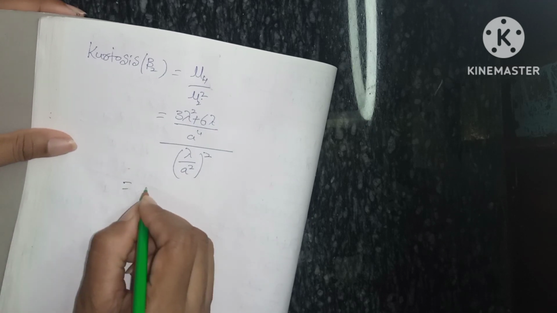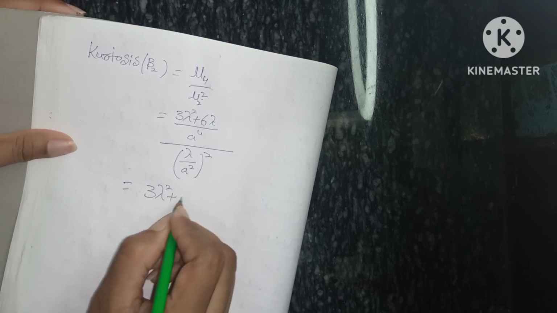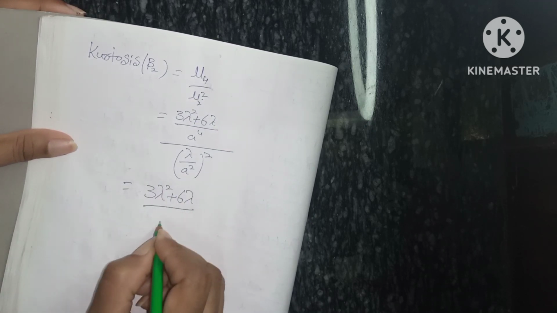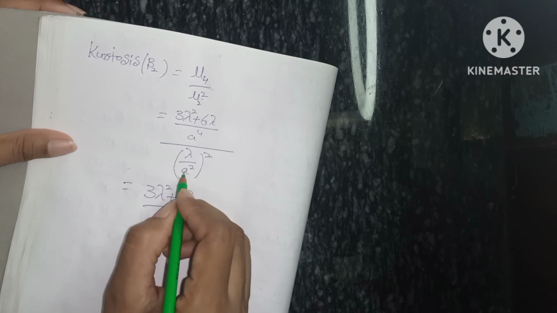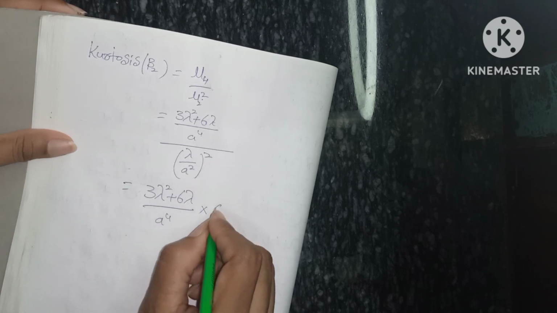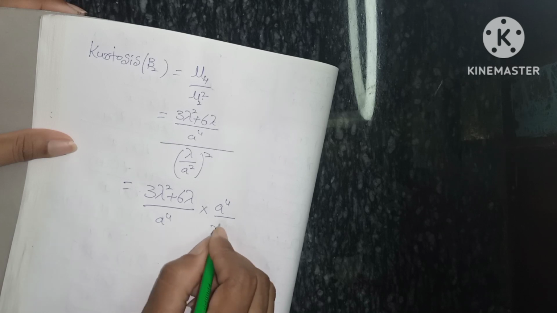So that equals 3 lambda square plus 6 lambda by a power 4 into a square whole square by lambda square, so a power 4 by lambda square.